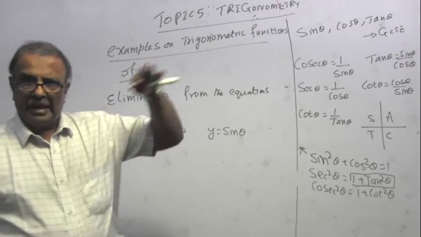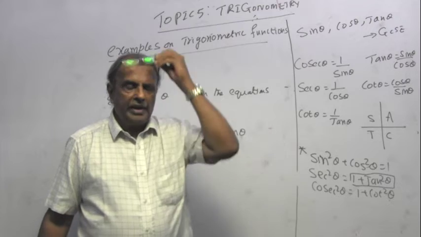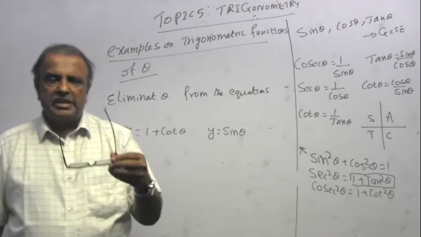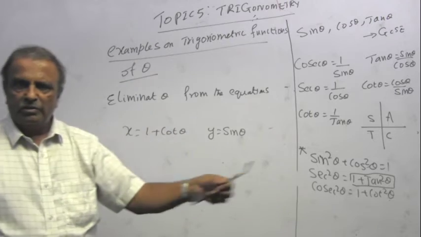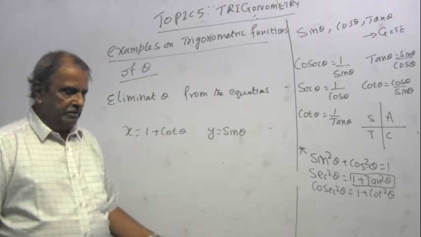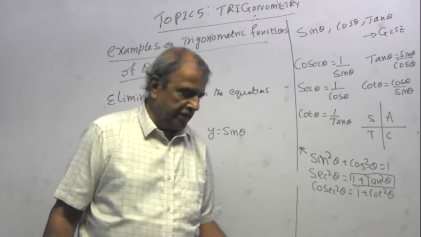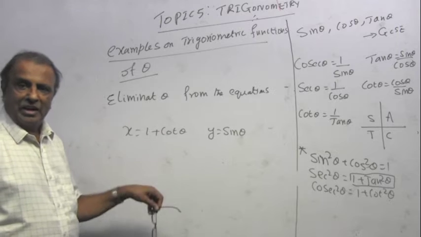This we come across when you want to find the Cartesian equation from parametric equations, which will be done a bit later when we go back to the second part of coordinate geometry. At that time, you're going to struggle, so I'm showing you.